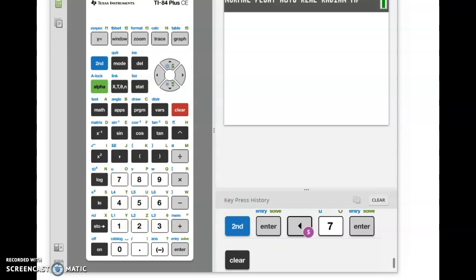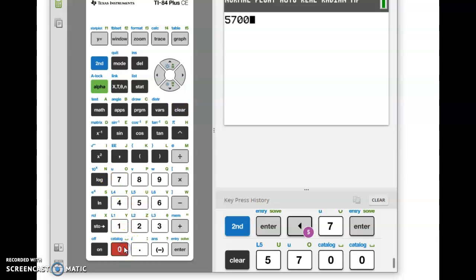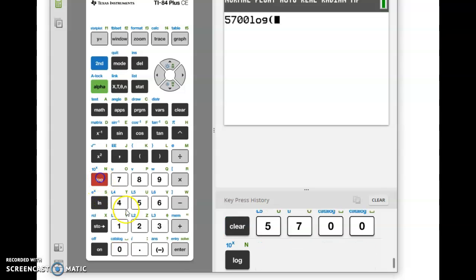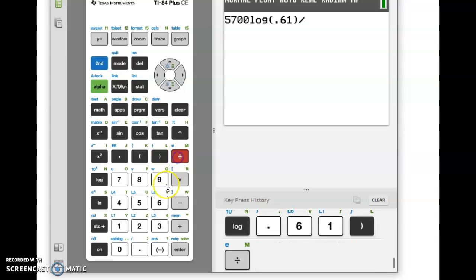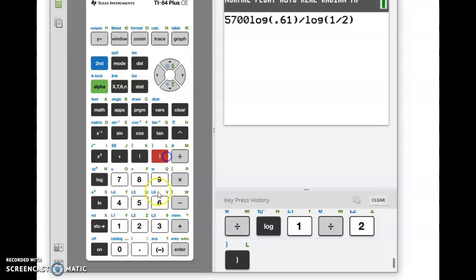So I would put in 5,700 times the log of 0.61, and I have to remember to close the parenthesis there, because it's taking the log of just 0.61, divided by the log of 1/2. And then again, close that parenthesis.